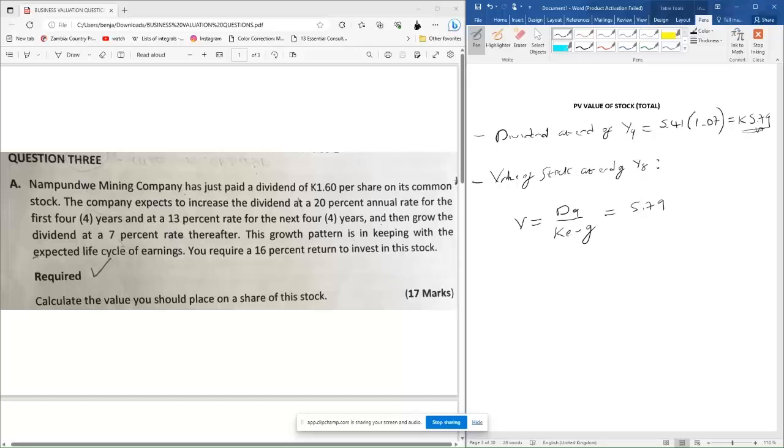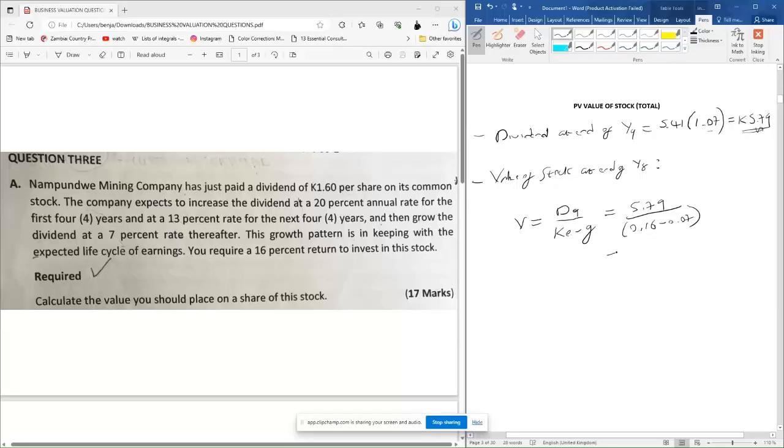So we're using our dividend at the end of year 9, which is 5.79, and we're going to have our cost of capital there, which we've been given in our question as 16%. So 16% in decimal form is 0.16, minus our growth rate, which is 0.07.